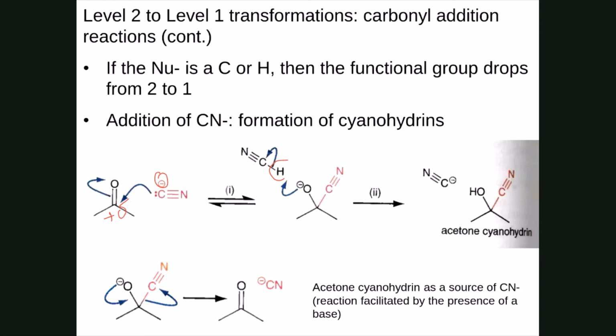For example, in the presence of a base, something that is able to capture the hydrogen from this hydroxyl group and leave the oxygen with a negative charge, the carbonyl bond quickly reforms. The group that has been liberated is the cyano group. This is actually a nice way of generating cyanides in situ.